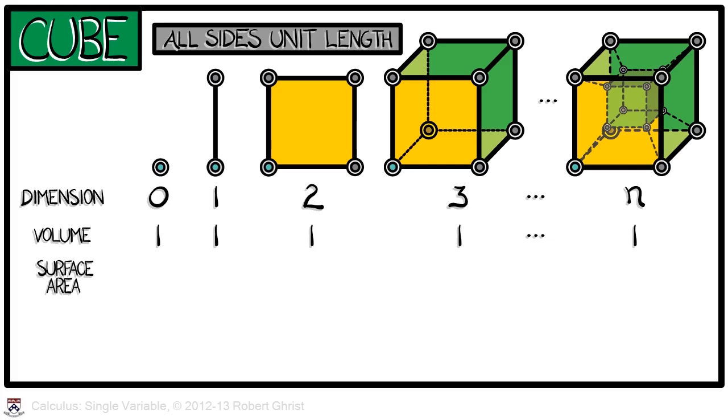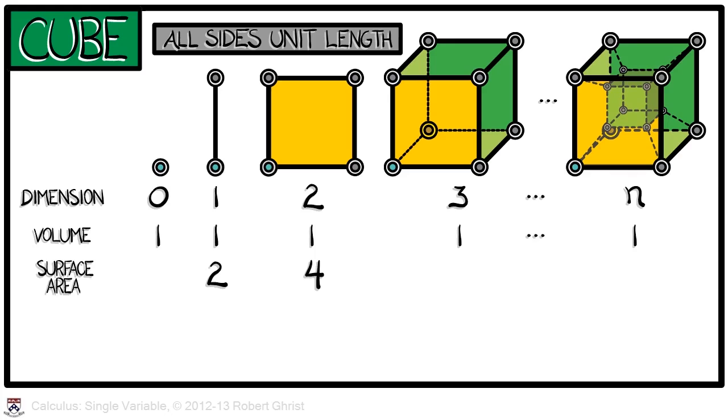The surface area, well, that's a little bit harder to wrap your brain around, but we want to look at the boundary of the cube and say how much n minus 1 dimensional volume is there. So if we take a one-dimensional interval and say, what's the zero-dimensional volume of the boundary? That is, how many points on the boundary? Well, simply 2.